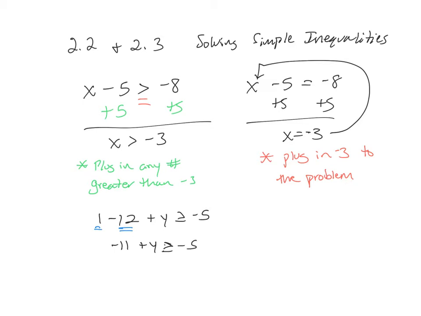And then add 11, which would give me a positive 6. Okay, so there are a couple where you might need to combine a couple things together first. And then it should just be, like on the first page, like 2.2 part, you're just going to add or subtract and you'll be finished.